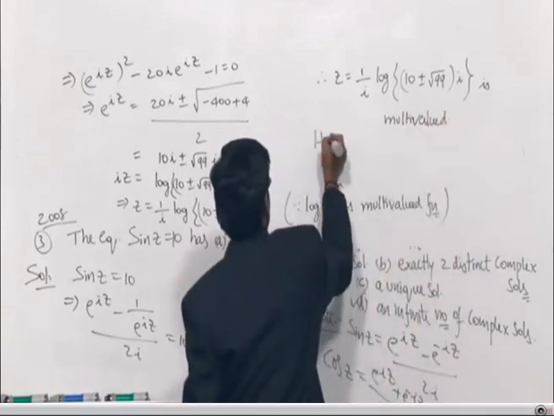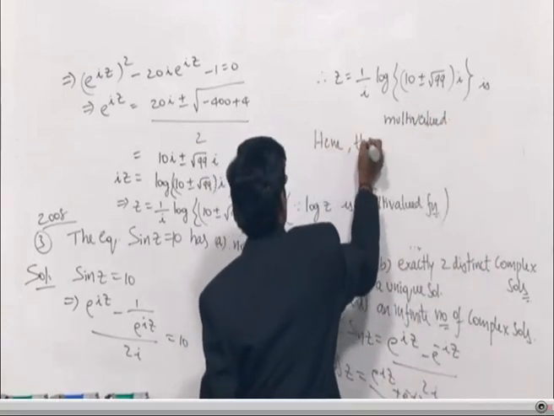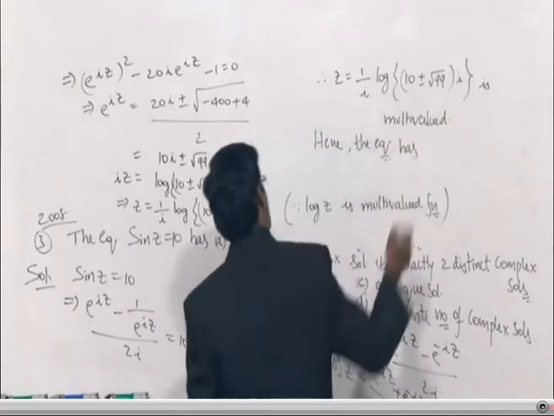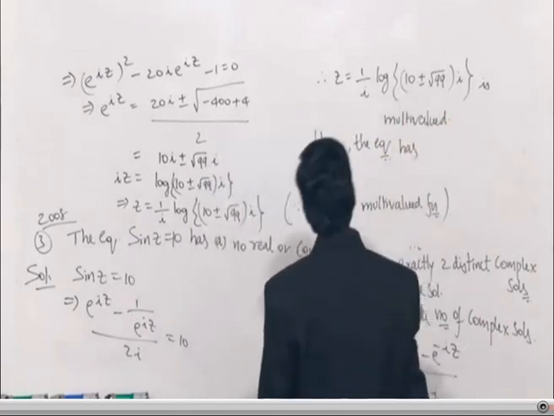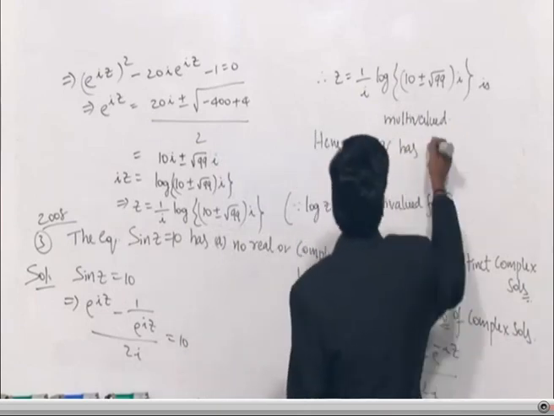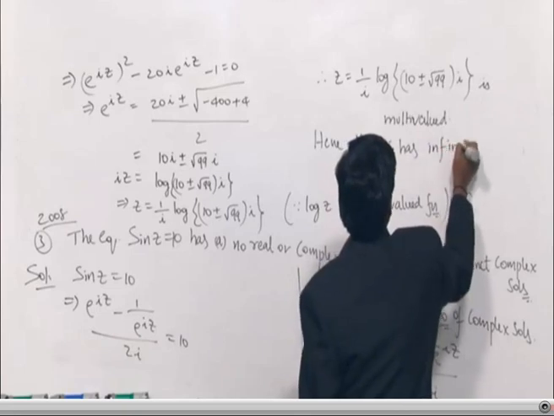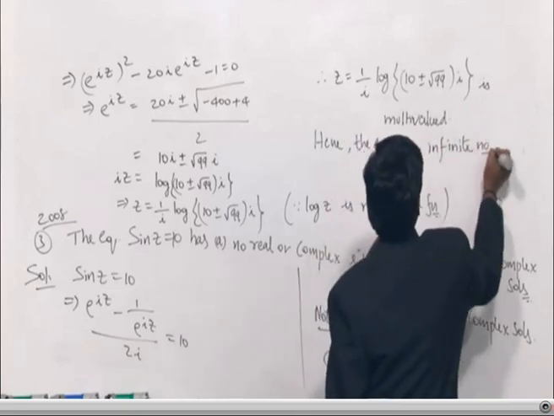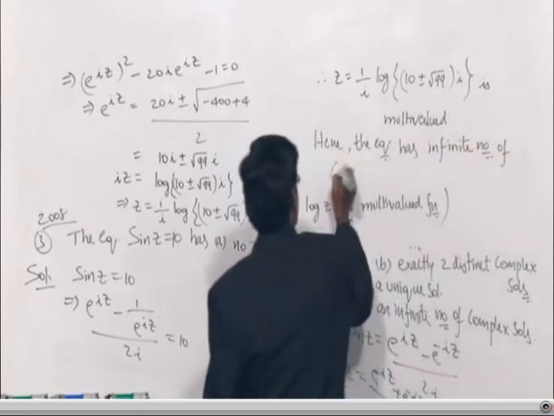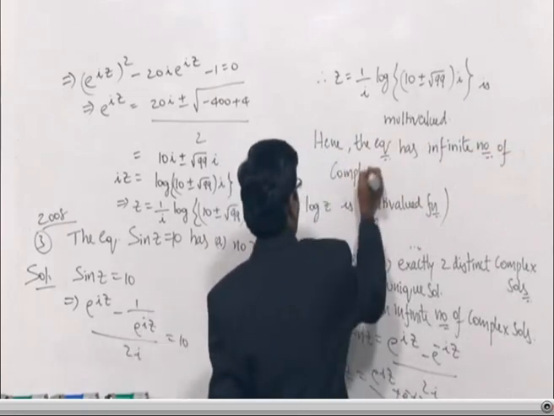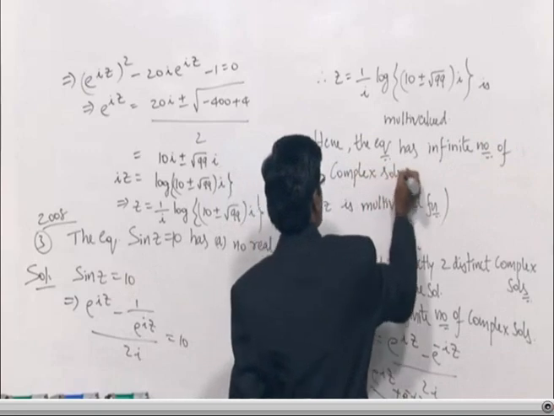Hence the equation has so many z values as answers. That z is called the root of the equation. Solving the equation means we have to find the roots of the equation sin z is equal to 10, and each is a complex number. So the equation has an infinite number of complex solutions.